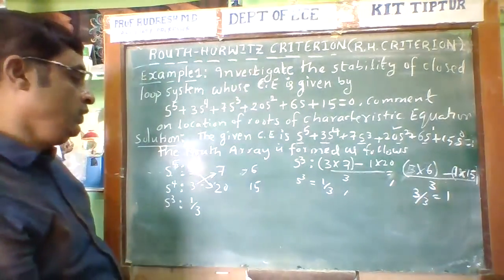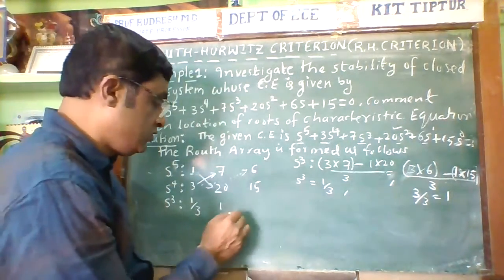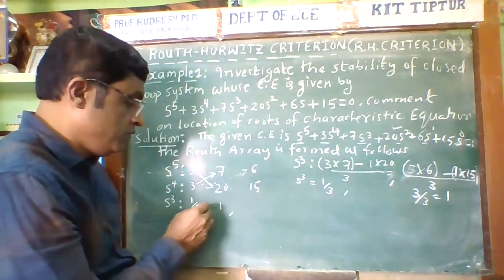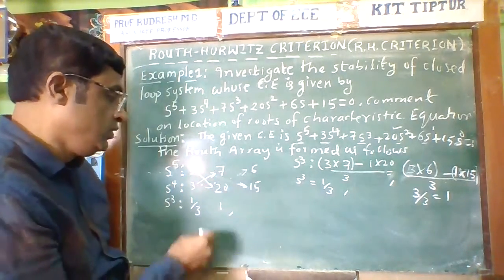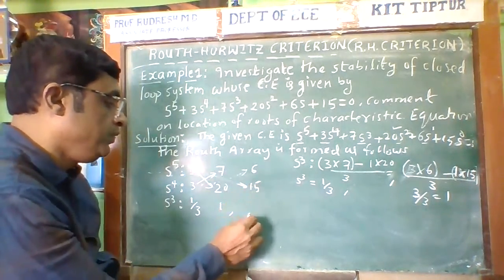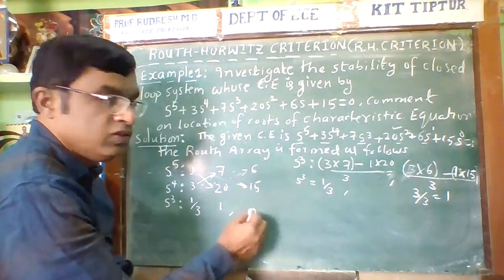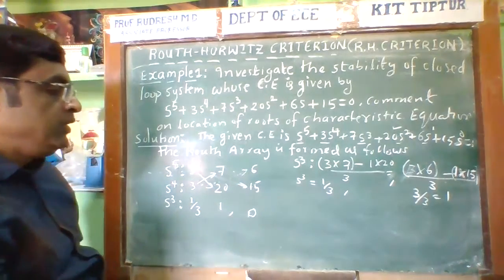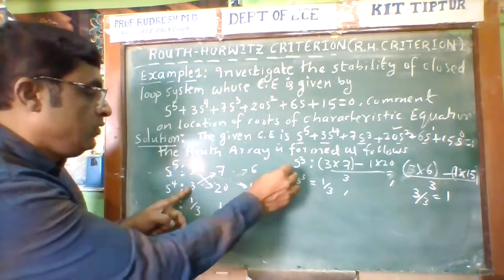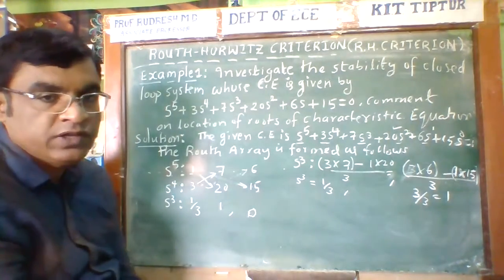The next row element is obtained by this into 0 and this into 0, therefore the next element is 0.